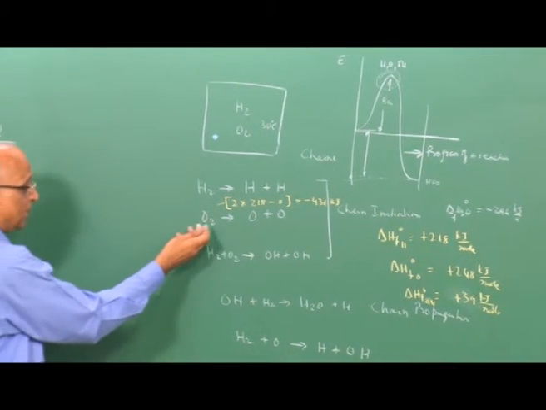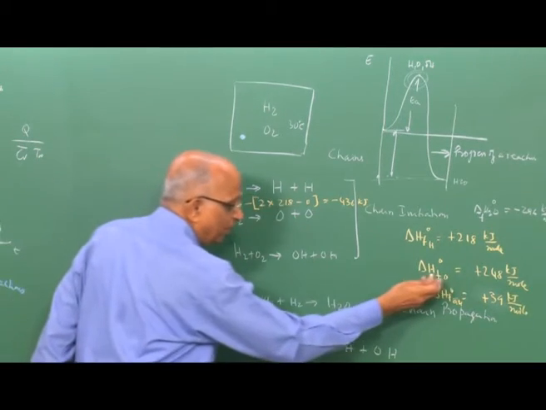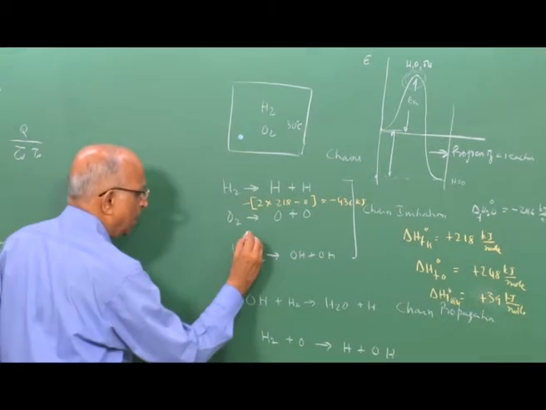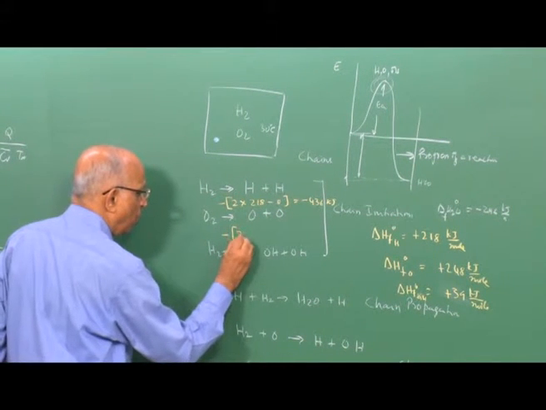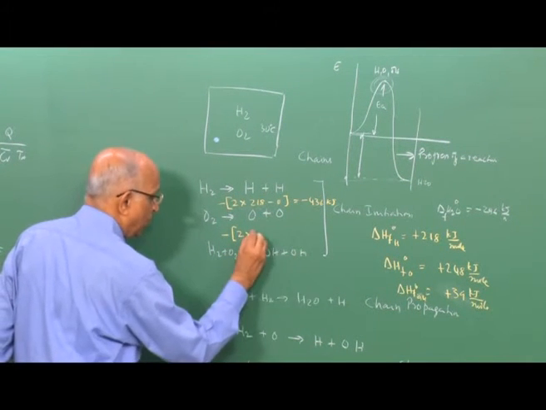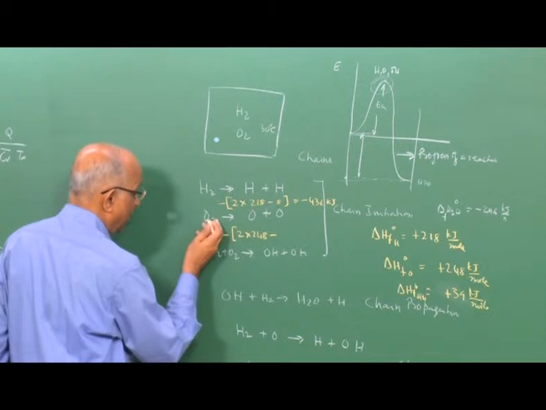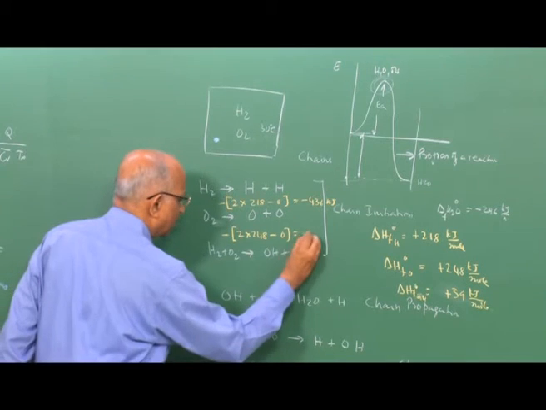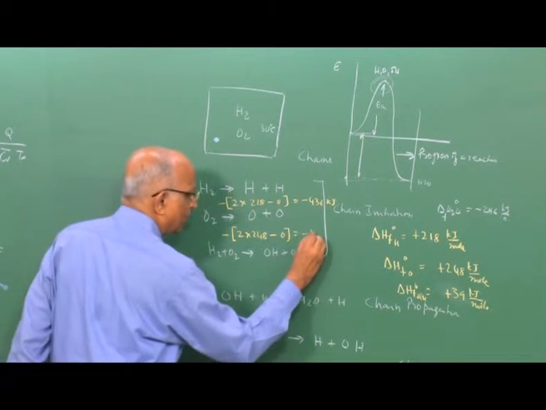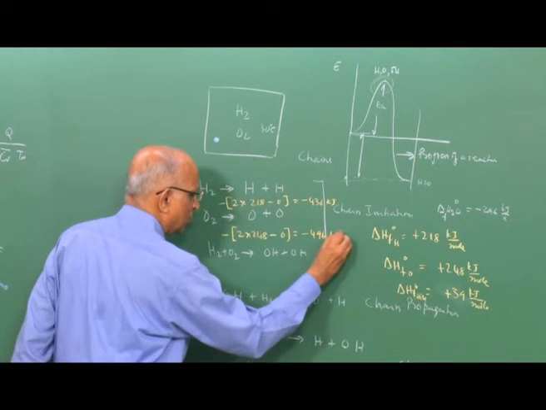So, also for the reaction O2 giving O plus O, we have the heat of formation of O as plus 248, therefore, it is minus the heat of formation of products, I have 2 of O, 2 into plus 248, minus, anyway O2 is 0, therefore, this is equal to minus 496 kilojoules.